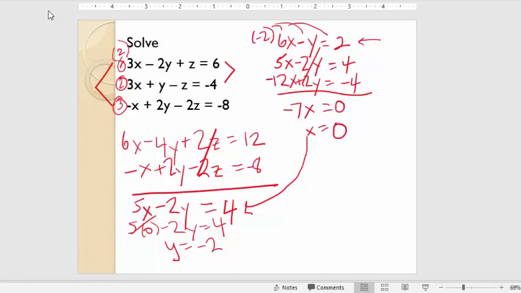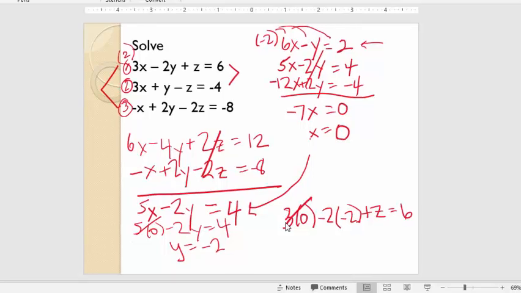I think I'll plug them into the first equation. So I have 3 times x, which is 0, minus 2 times y, which is negative 2, plus z, and that equals 6. So 3 times 0 is 0. Negative 2 times negative 2 is a positive 4, plus z equals 6, and subtracting 4 from both sides gives me z equals a positive 2.